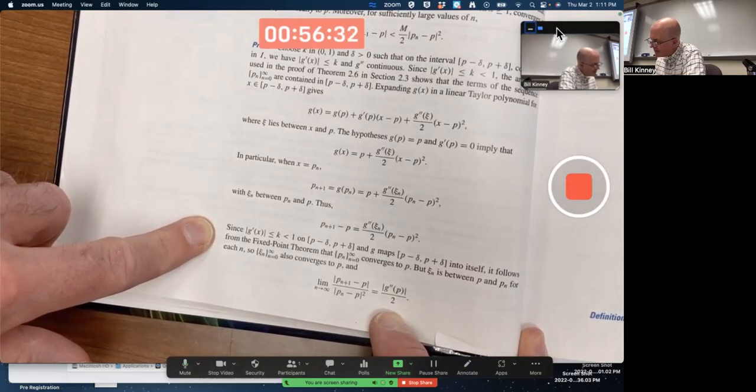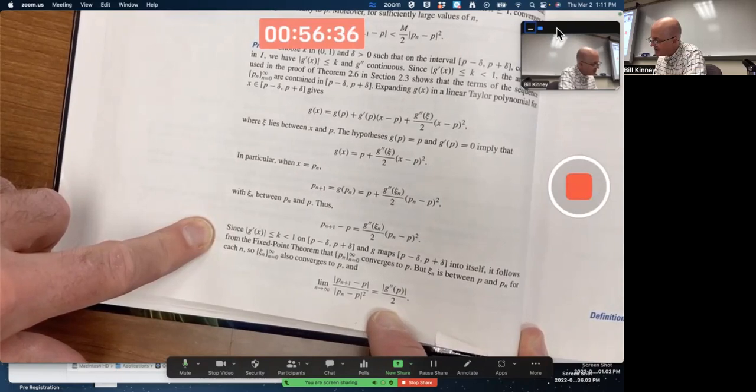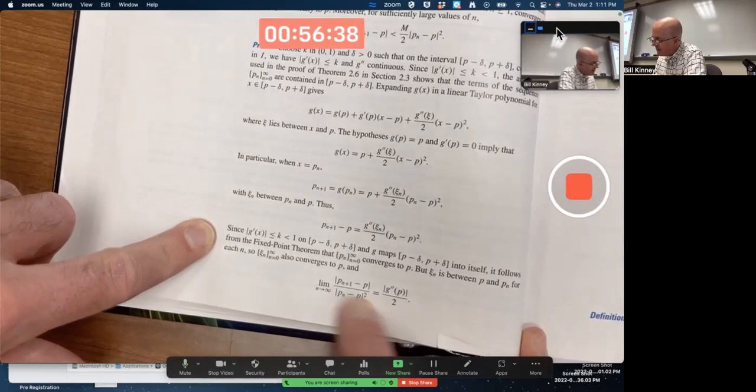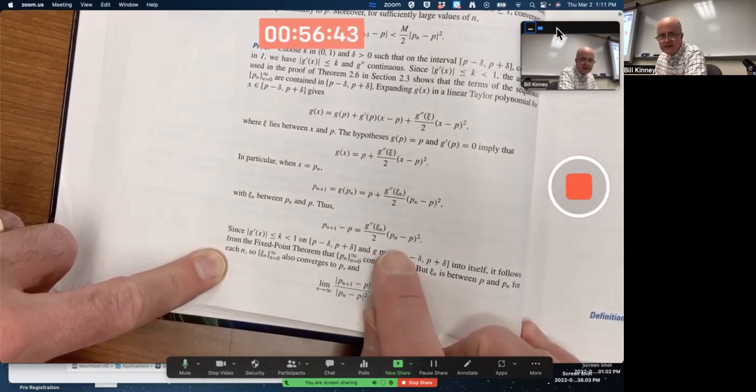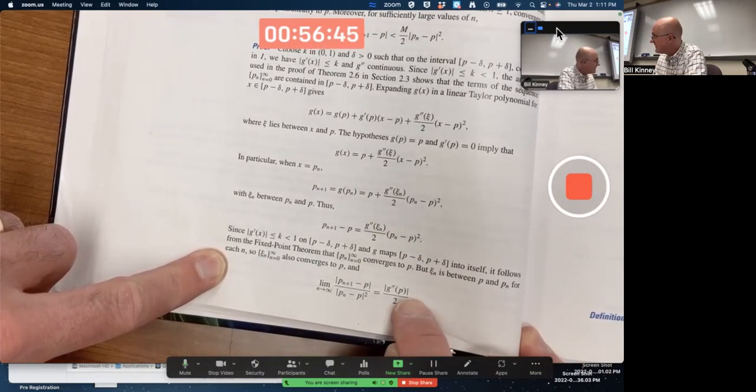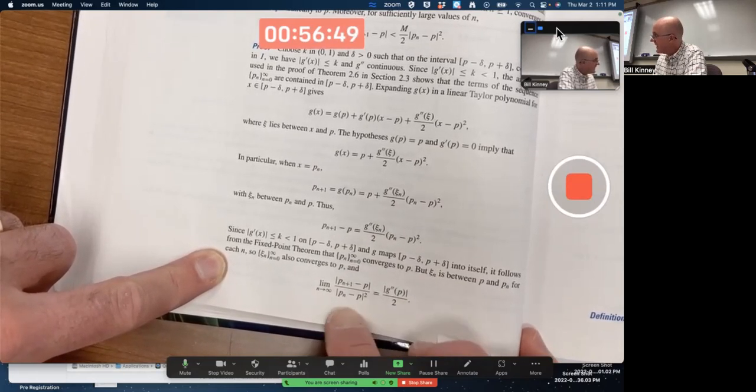We need to confirm Pn converges to P. That's part of the definition of quadratic convergence. And we also need the fact that Cn converges to P to say this, so I can replace the Cn there with a P.